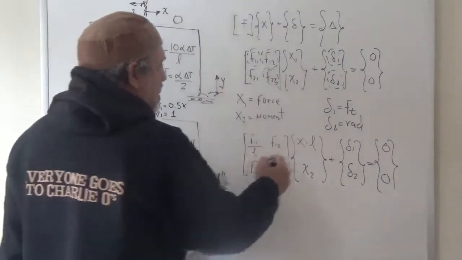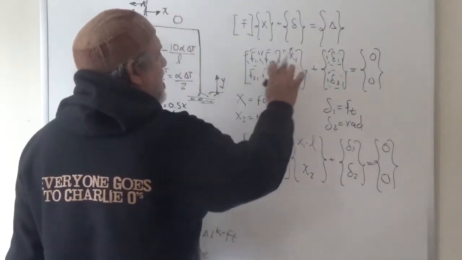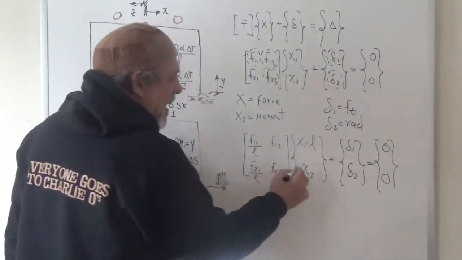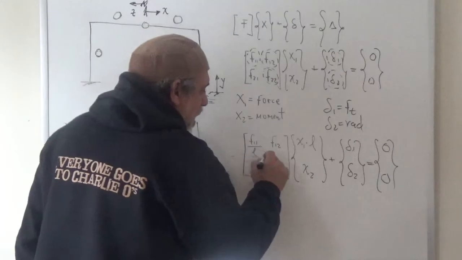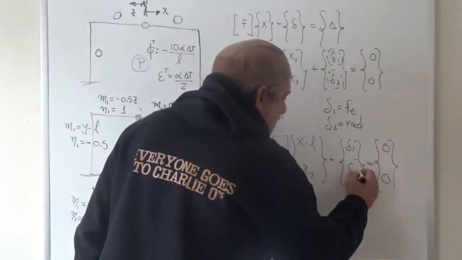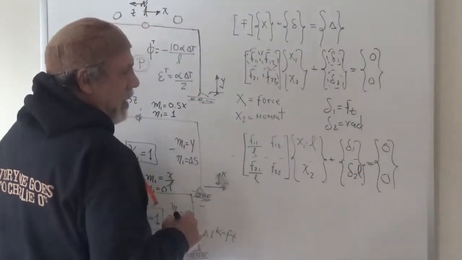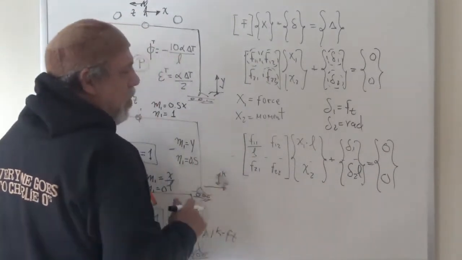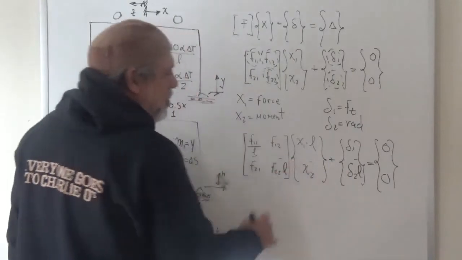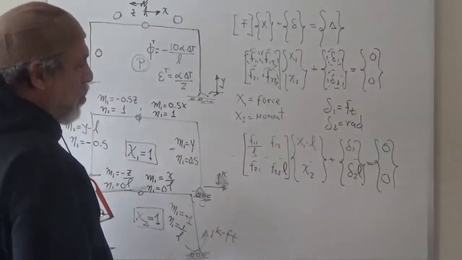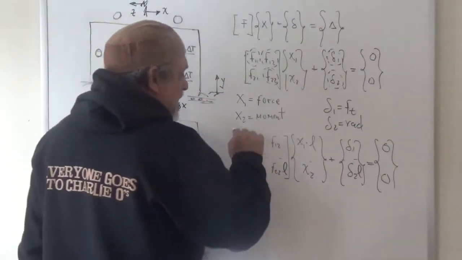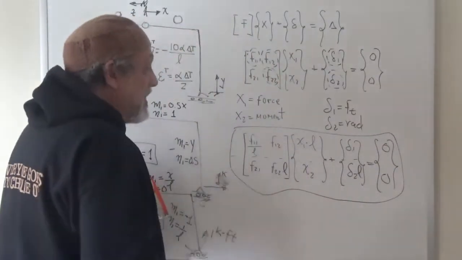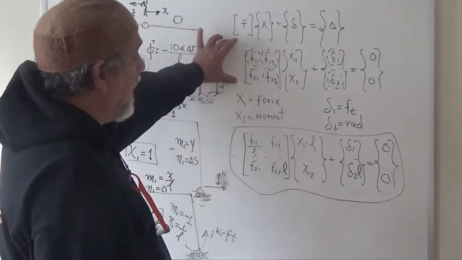Because notice that this second equation is just this times this plus this times this plus this equals that, right? So if I multiply the whole second equation times L, I can write delta 2 times L. This one, which was divided by L, just goes back to F21, and this F22 gets to be multiplied by L. So now, this system right here is exactly the same as what we had.